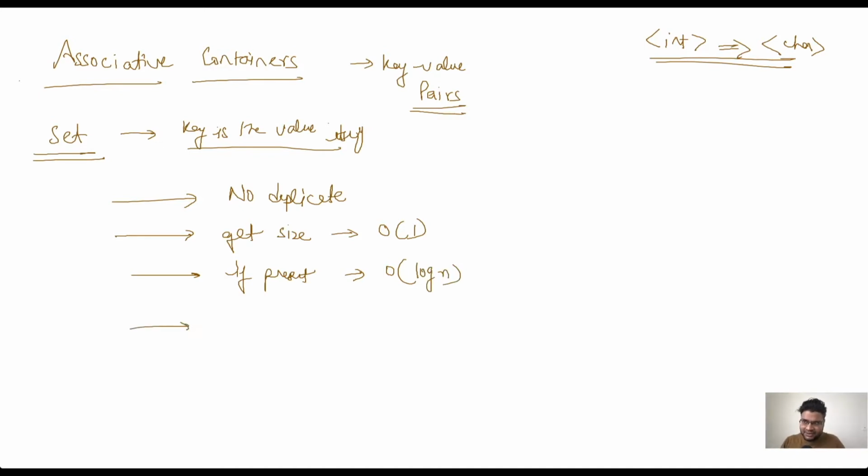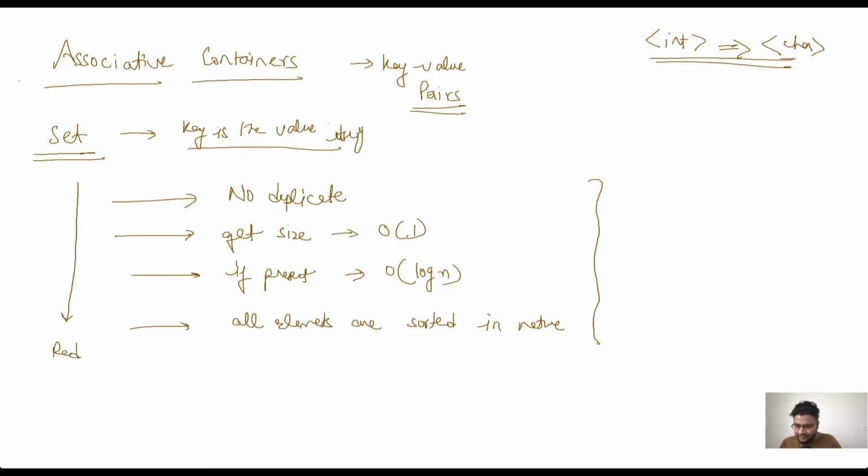Then we have other functionality wherein all the elements are sorted in nature. Set basically offers all this functionality for us, and set is an internal implementation of red black trees.